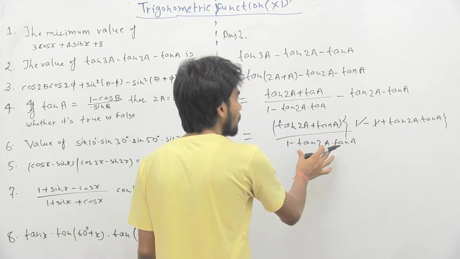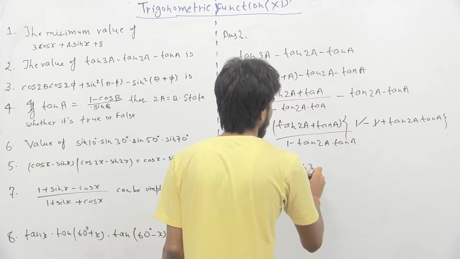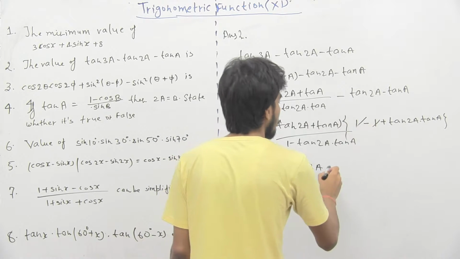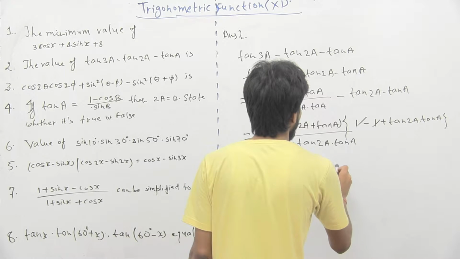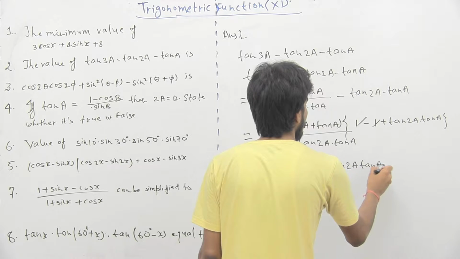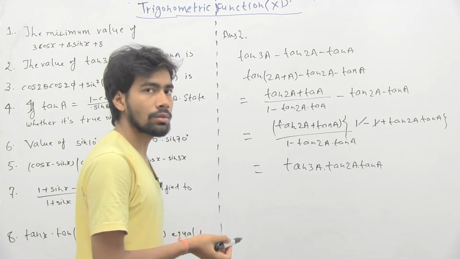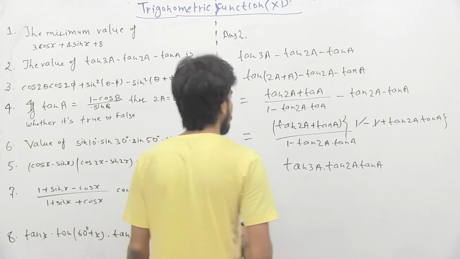So this will again come in form of tan 3a. And write this as it is. So this is one of the options. So this will be correct.